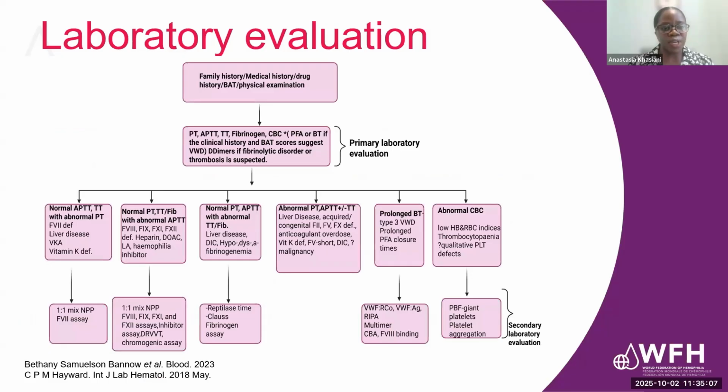So this is just an outline that I made to help understand how you move from the screening test and on to detect where the problem is, and then finally do your secondary test that will enable you to come up with a conclusive answer to the problem the patient may have.